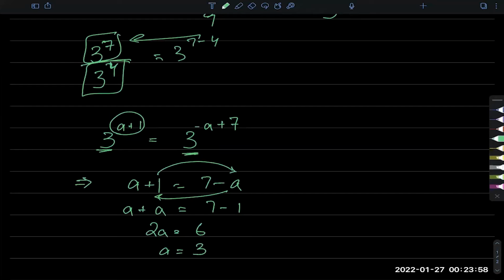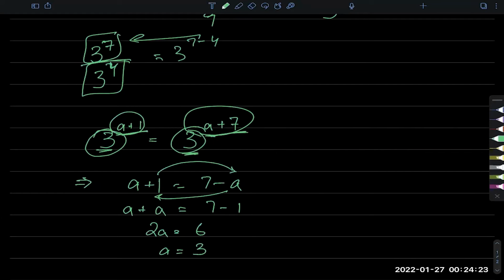So just remember, if you have something like this and it makes you uncomfortable, rearrange it. Write this as 7 minus a. Put the minus thing at the end. And we can do that, right? So there you go. a is equal to 3. Now, what are we doing? The idea here is that if the base, this number, is same, then the power should also be the same.